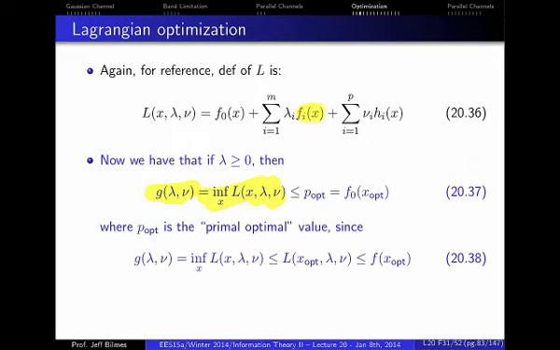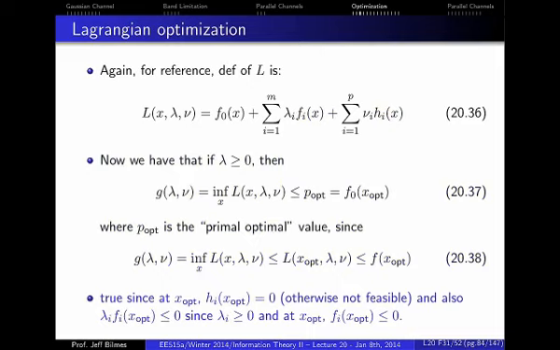So feasible solutions have the property that f i is no greater than 0, so it's either negative or 0, and also have the property that h i is equal to 0. So when you look at the Lagrangian form, at f opt, all of this stuff cancels out.